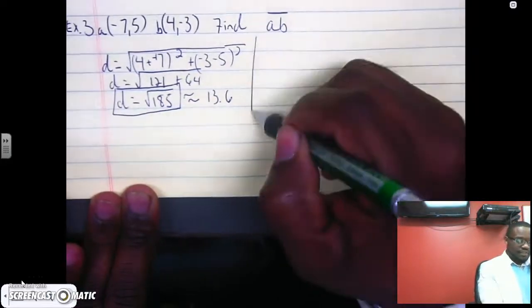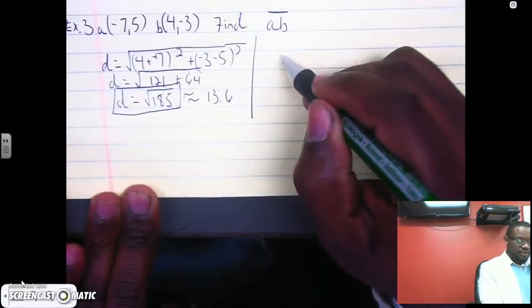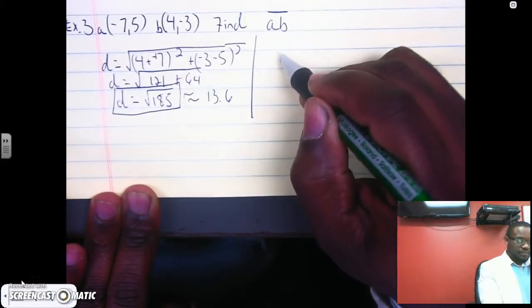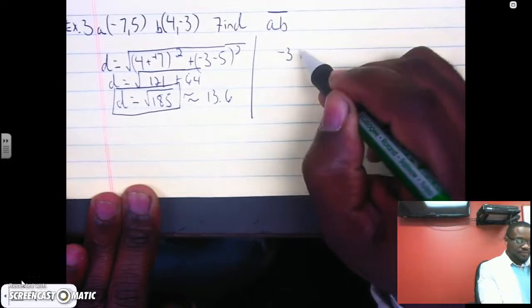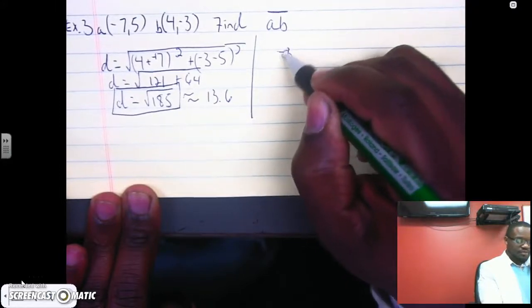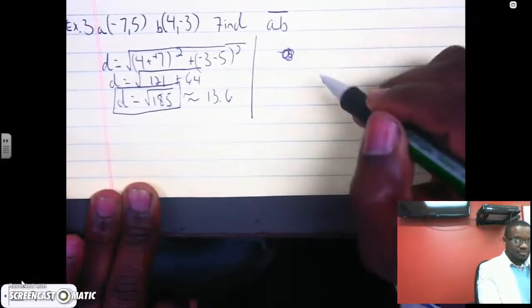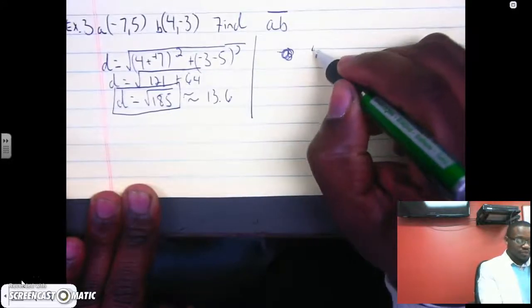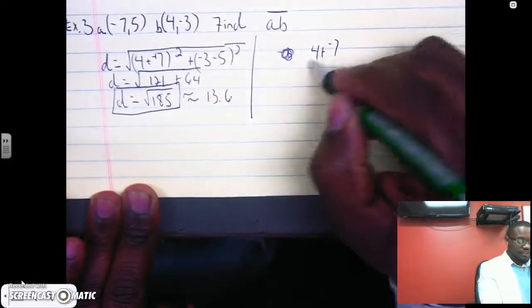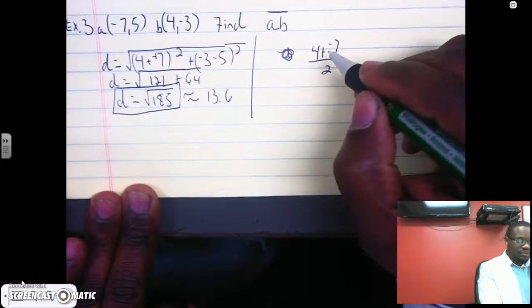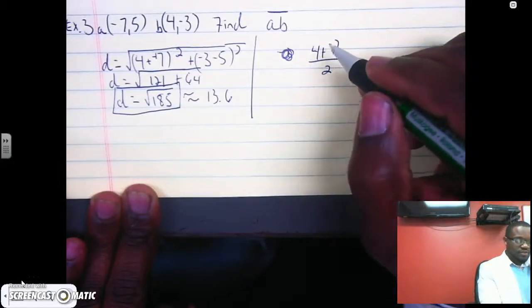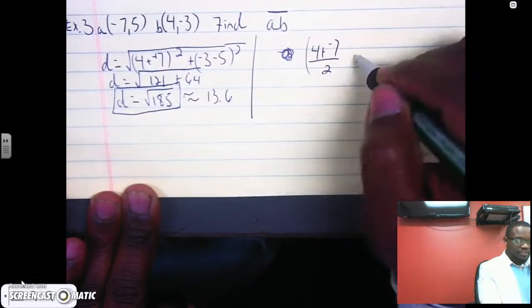Now, let's look at the midpoint, which would be -3. Excuse me, it wouldn't be -3. I was just checking to see if you were paying attention. It would be 4 plus -7. You say, well, you do it in a different order. You just add them and take the average.